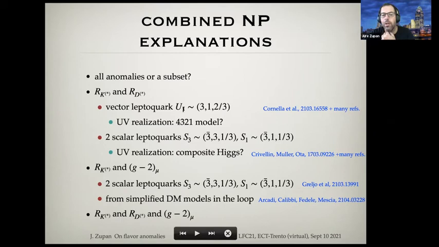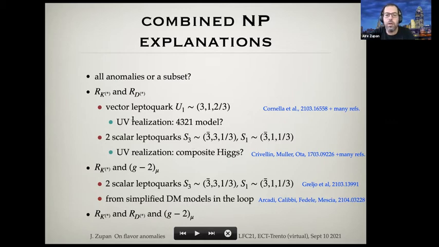The vector-like leptoquark U1 is a top candidate, I would say, in this respect, or most people zoomed into that region. You could also solve it with two scalar leptoquarks, for instance.